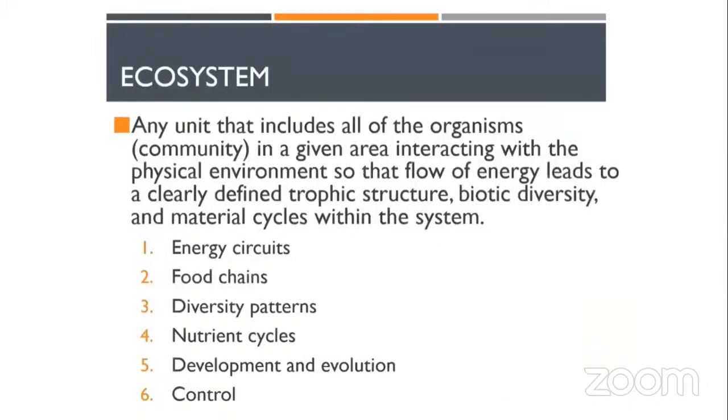And then the ecosystem, which consists of all the things that we discussed. So it is any unit that includes all of the organisms in a given area interacting with the physical environment, so that flow of energy leads to a clearly defined trophic structure, biotic diversity, and material cycles within the system. So it consists of energy circuits, food chains, diversity patterns, nutrient cycles, development and evolution, control.